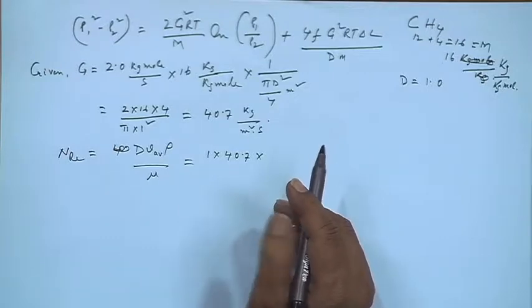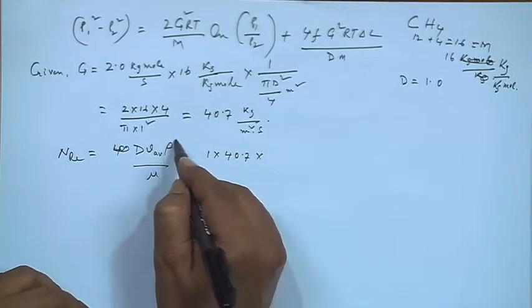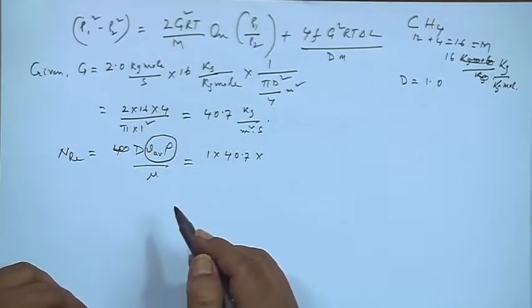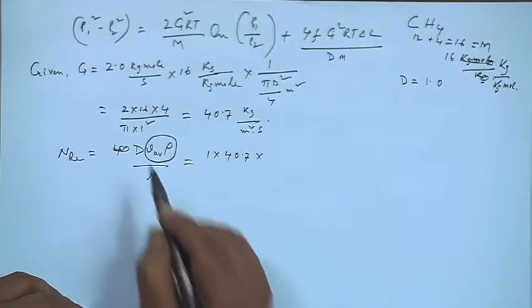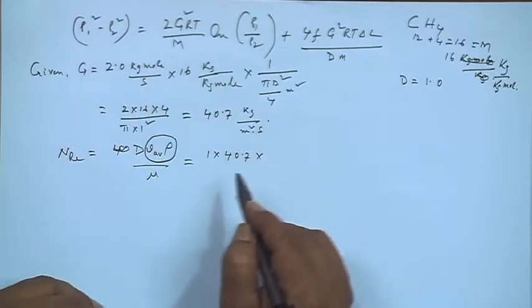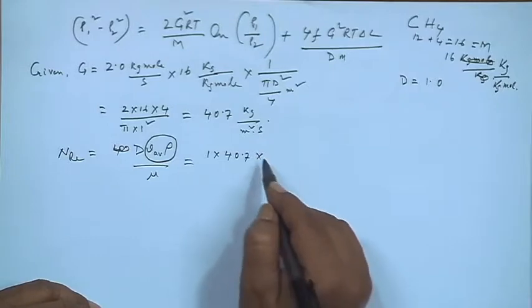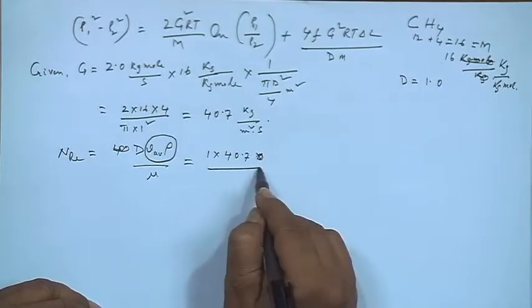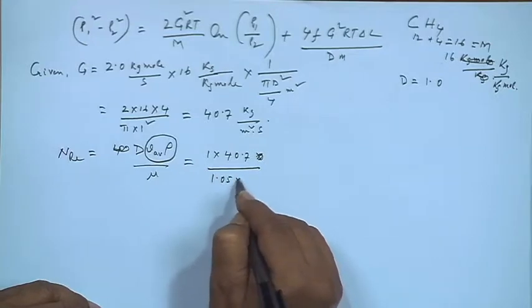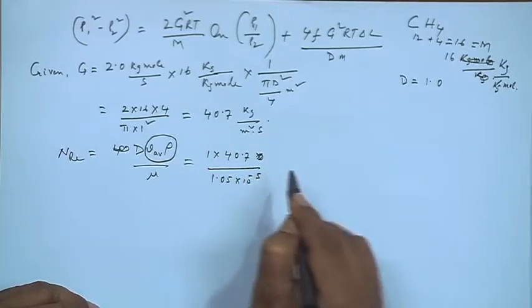So G, that is ρV, we have already found out. So ρV is G, and G is 40.7. So 1 into 40.7, divided by μ, where μ was 1.05 × 10^-5.